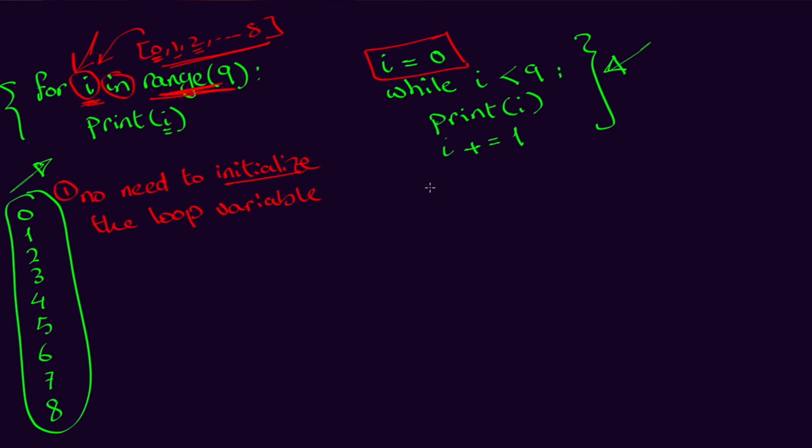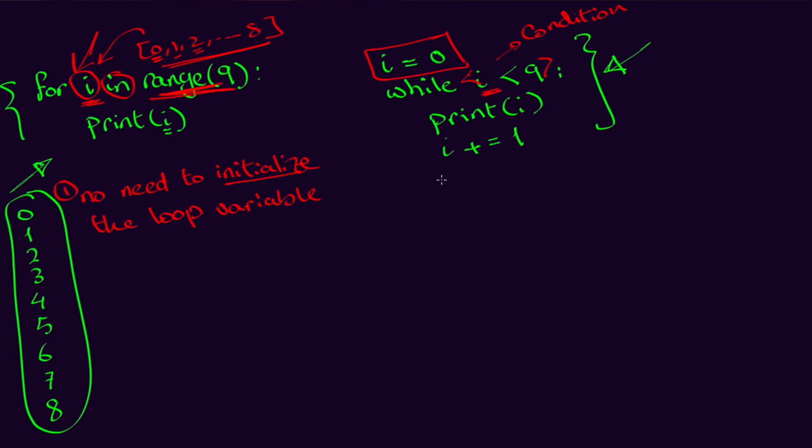On the other hand, if we look at the while loop, that is not the case. In a while loop, we said that this is going to be our condition. And in a while loop, any variable that is in your condition needs to be defined and initialized before the condition, or otherwise you're going to get an error because Python is not going to know about this variable.